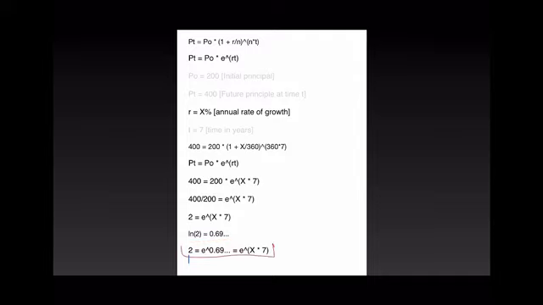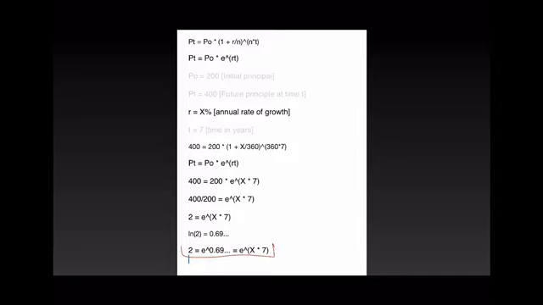And so now what have I come down to? I know that the number 2 is equal to e raised to the x times 7 power, but I don't know what x is, so I can't fill that out. But I have discovered through my calculator that e raised to the 0.69 power is approximately 2.